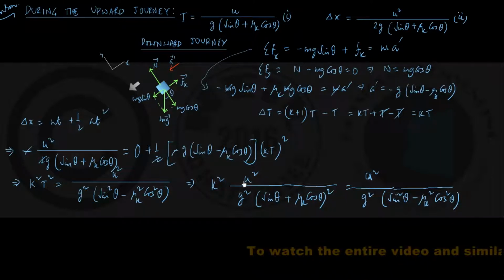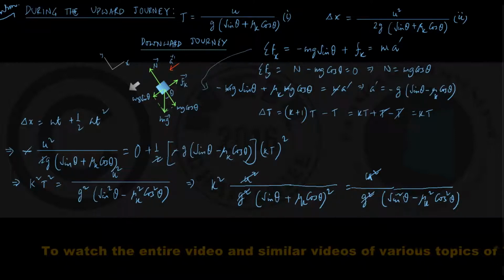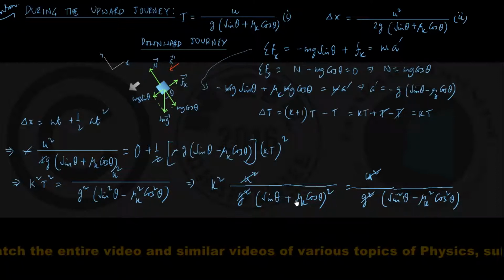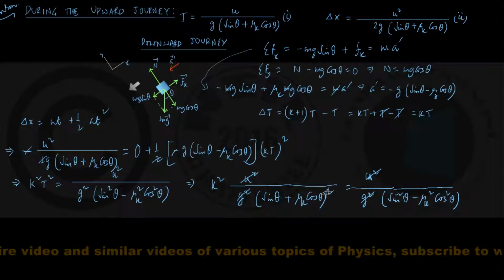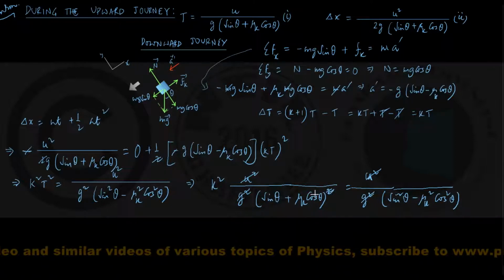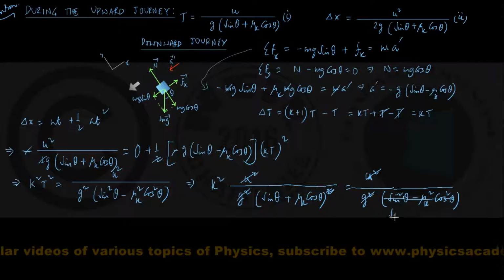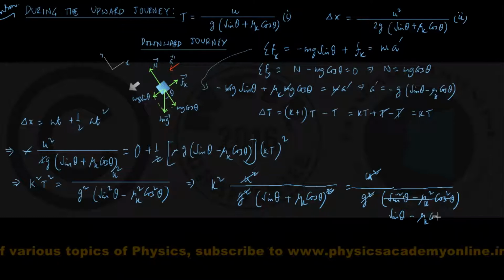From both sides, u square cancel out, g square also cancels out, and you can see in both these terms on left and right, sine theta plus mu k cos theta is common. Therefore, I can get rid of 1 here, and this side I am getting simply sine theta minus mu k cos theta.